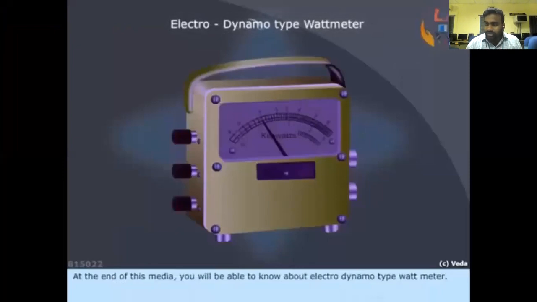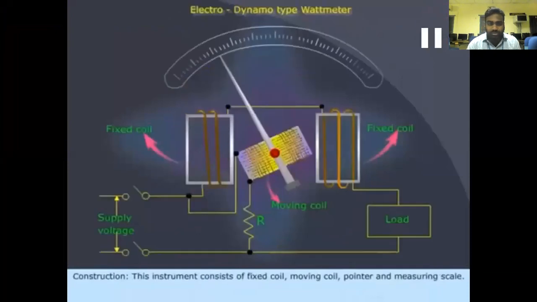So this is a working animation of the electrodynamometer type wattmeter, which we are going to discuss now. This is a brief construction. In this animation we can clearly see how the electrodynamometer type wattmeter works, and we will see the cross section of the individual parts.